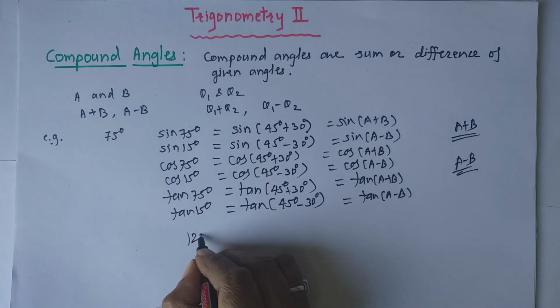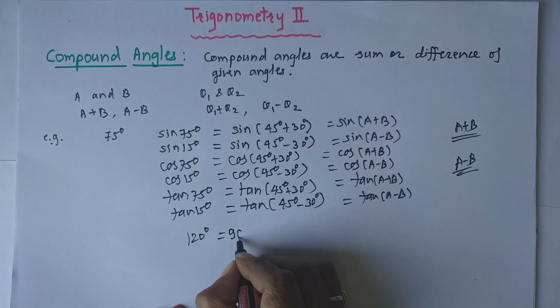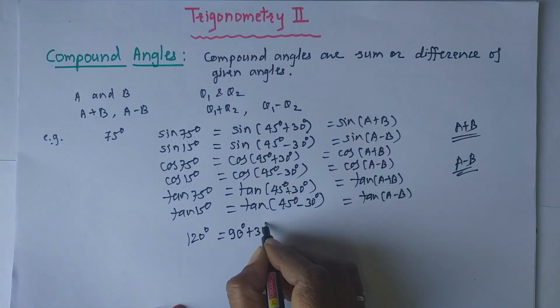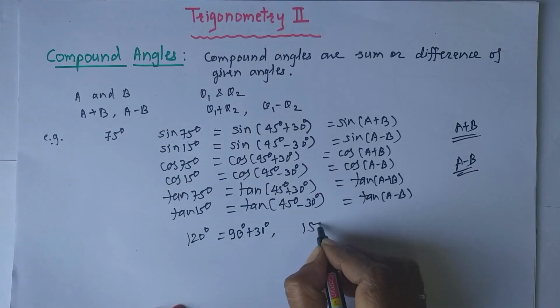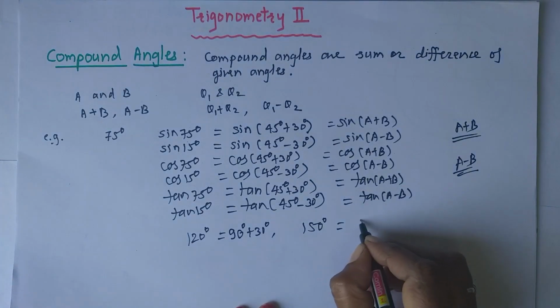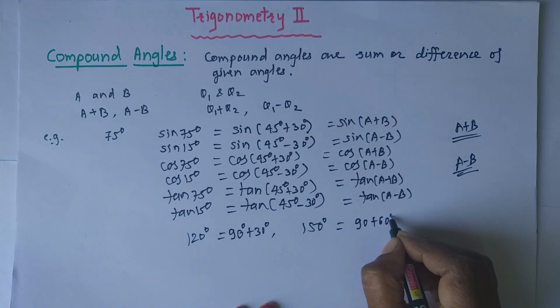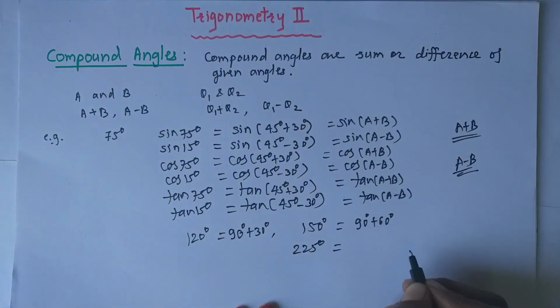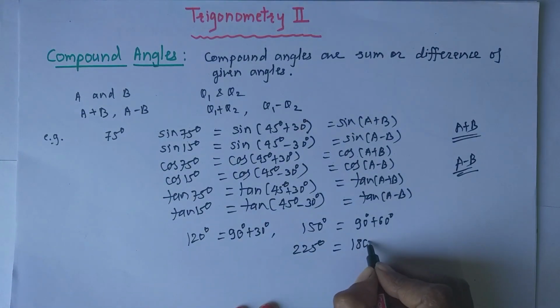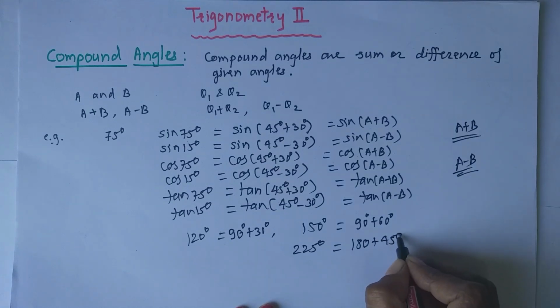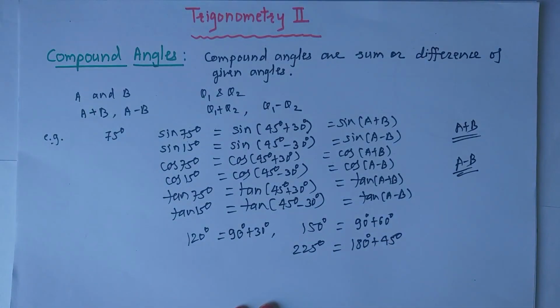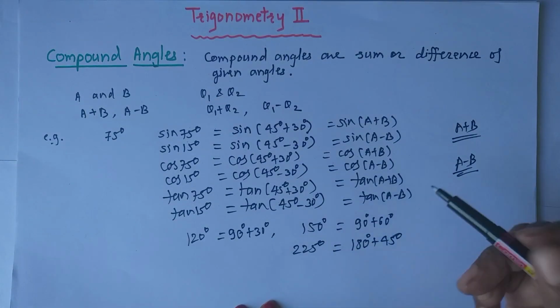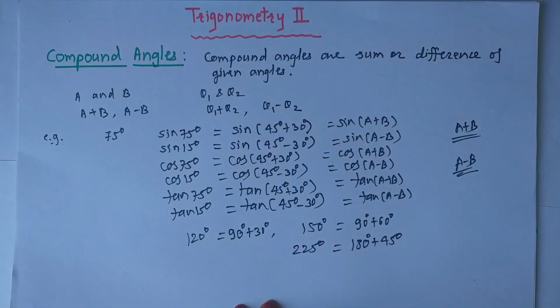If there is an angle of 120 degree, then this can be written as 90 degree plus 30 degree. If angle is 150 degree, then this can be written as 90 plus 60 degree. If angle is 225 degree, then this can be written as 180 plus 45 degree. And we know the value of trigonometric functions at 90, 60, 180, 45 from our table 0 to 360 degree.